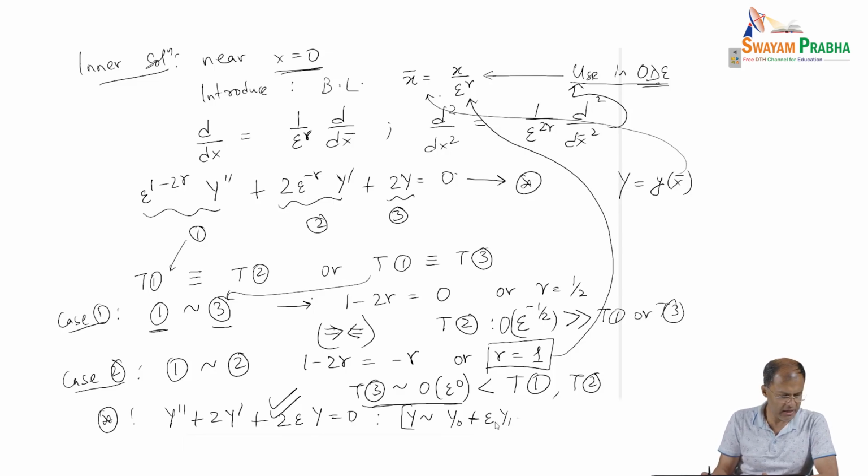And so here we are. We have now changed the singularly perturbed problem into a regularly perturbed problem because epsilon has shifted from the highest order derivative to lower order terms.